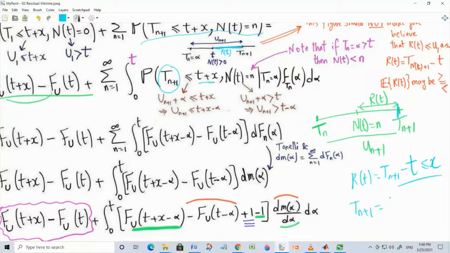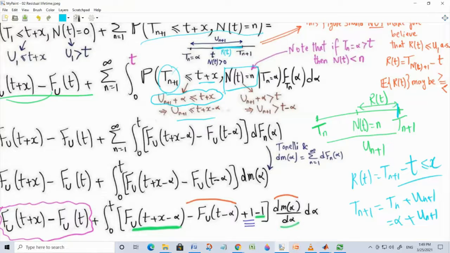T_{n+1} is equal to T_n plus U_{n+1}. And now we are conditioning on the time of the nth arrival, so this is alpha plus U_{n+1}. So this event is that U_{n+1} plus alpha is less than or equal to t plus x, which can be written as U_{n+1} less than or equal to t plus x minus alpha. But this is not actually the whole event. The event also involves something very important, that N(t) is equal to n, which means that at time t we have n arrivals.